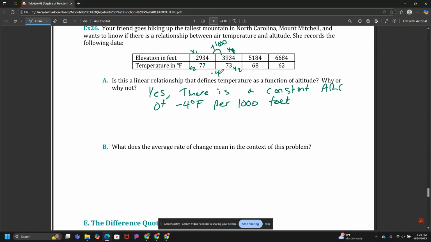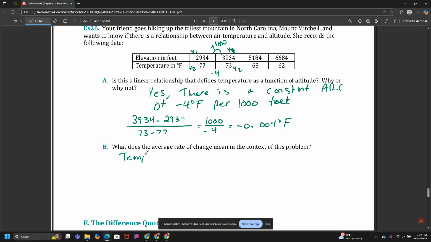Okay, we know it's linear because we've compared it on the table, but let's actually find it per foot. And that's going to be negative 0.004 degrees Fahrenheit in our calculator.